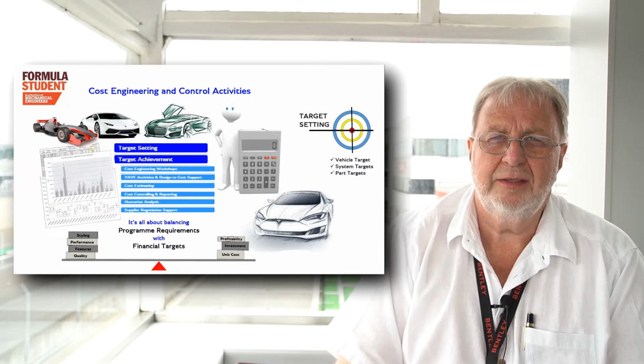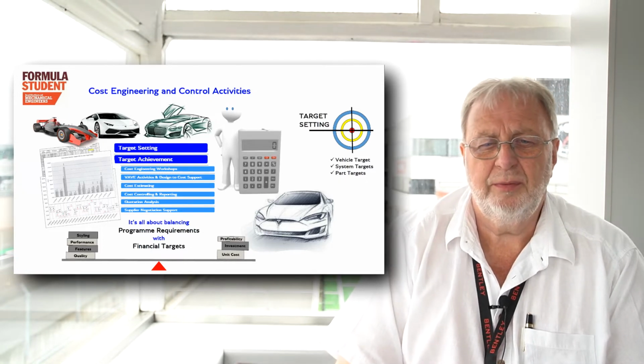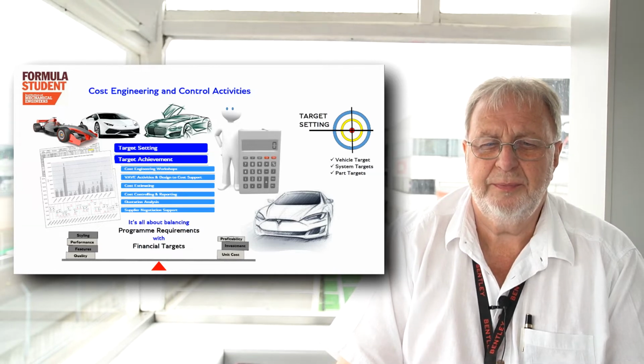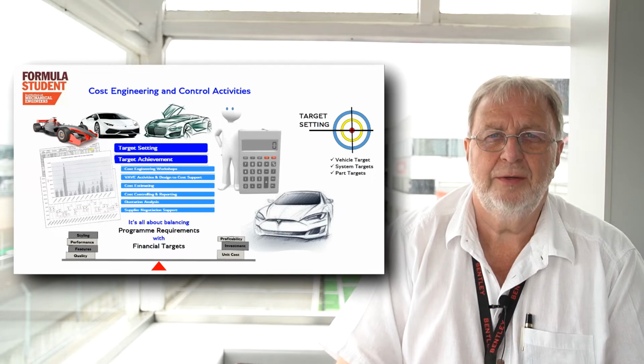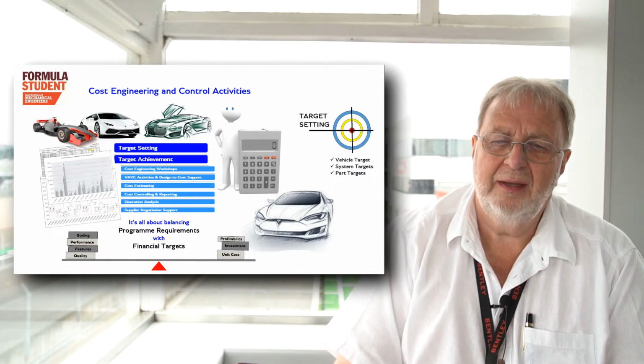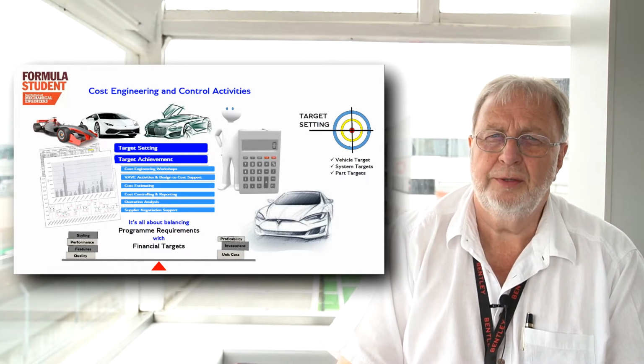We're looking at the various value engineering, value analysis techniques, the cost estimating role, the cost controlling and reporting activities that you need to do, the quotation analysis. Don't just accept what your suppliers tell you, sense check them, and then the supplier negotiation involvement by yourselves to support your procurement activities.